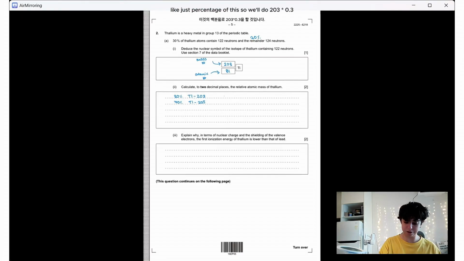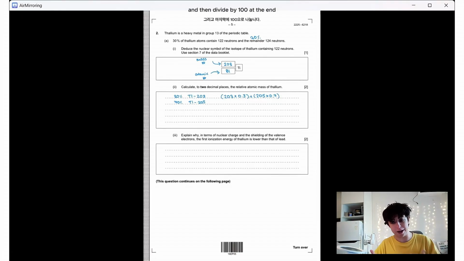So we'll do 203 times 0.3, plus 205 times 0.7. You could also do times 30 and 70 and then divide by 100 at the end. That's also an option, but I consider it best to just do it in decimal form.